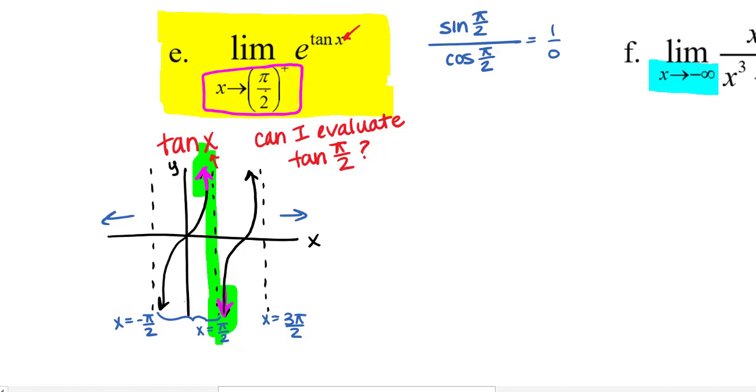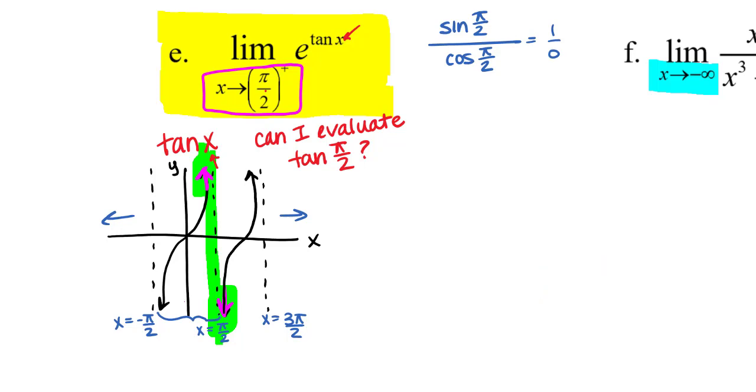So if you're talking about the limit of some function as x approaches 2, and you get infinity as an answer, you very well may, may not, but you may have a vertical asymptote there. More than likely, you do. All right.